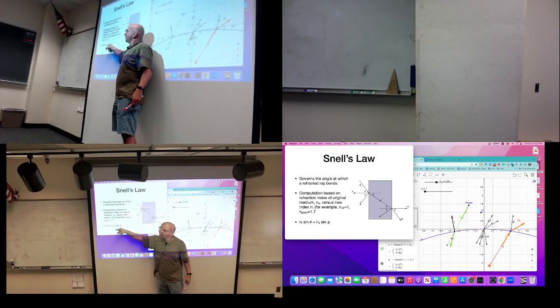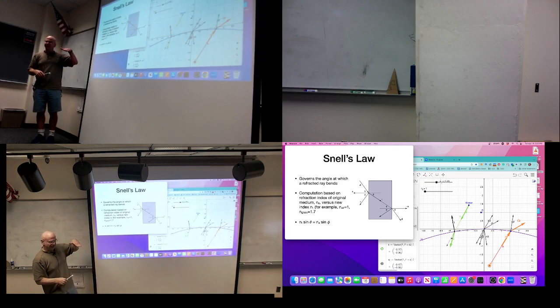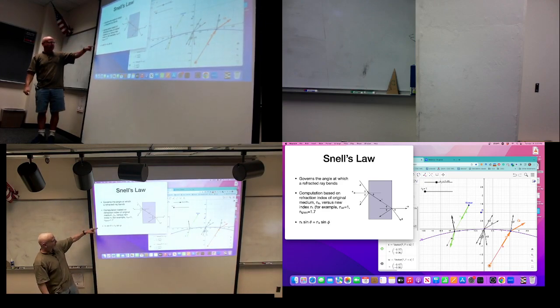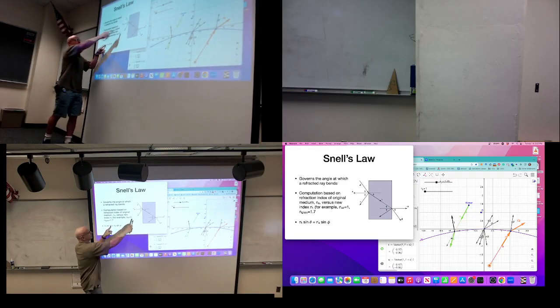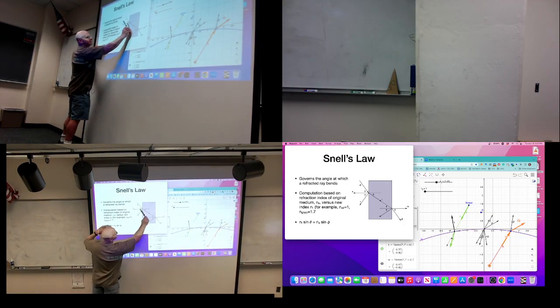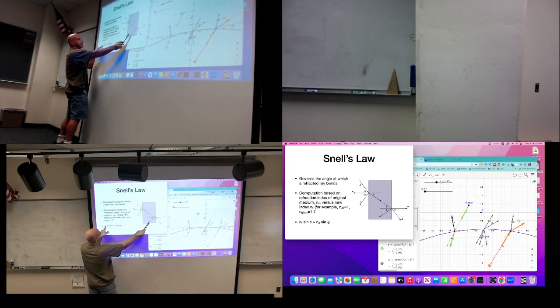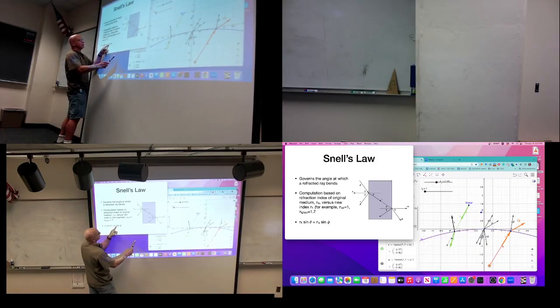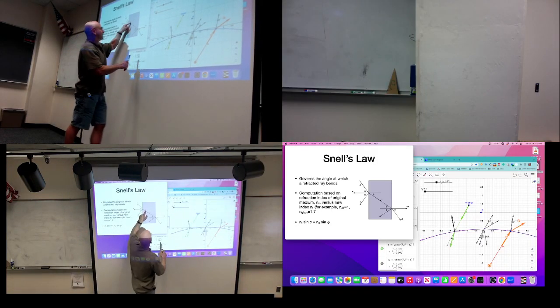There is a change in the direction of the light, and what gives you this relationship is Snell's law. And Snell's law is what governs refraction, not reflection, following this formula: sine of the incoming angle times the coefficient of the medium you're coming from gives you the coefficient of the medium you're going to times sine phi.